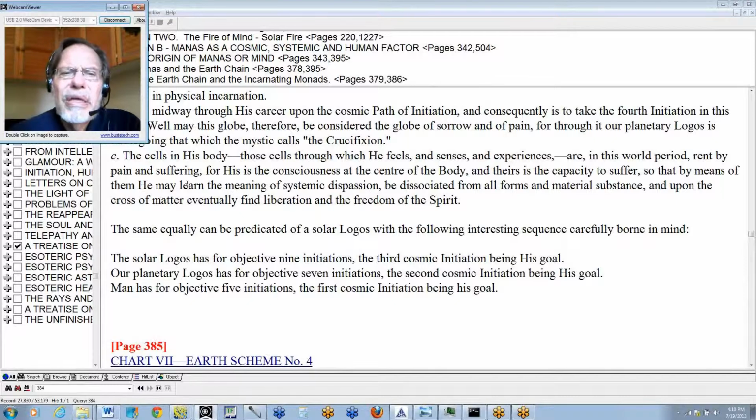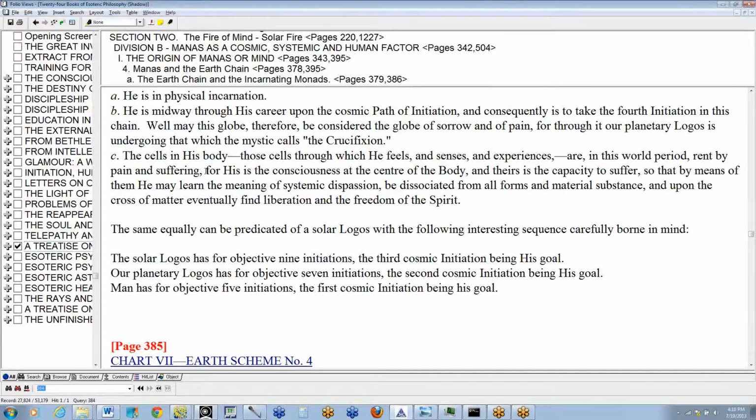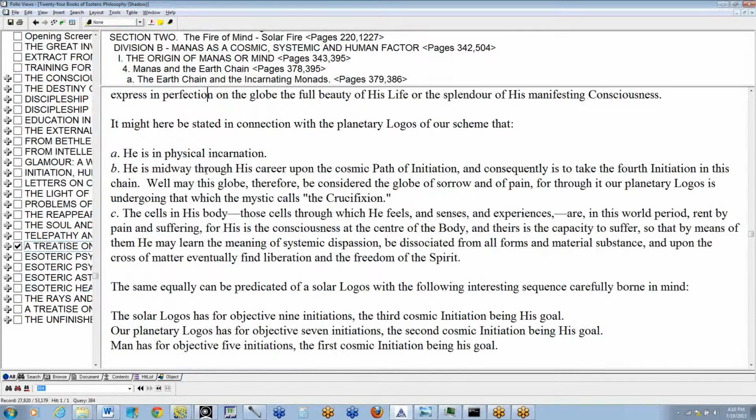So my reasoning is that the planetary logos is passing through a kind of crucifixion. That is a fourth initiation. It's not a second initiation, though they are related. He's undergoing what the mystics call the crucifixion. He also has not yet taken the second cosmic initiation. So two initiatory streams are operative, and maybe they do coincide at times. For instance, one of the lesser initiations may coincide with one of the greater.